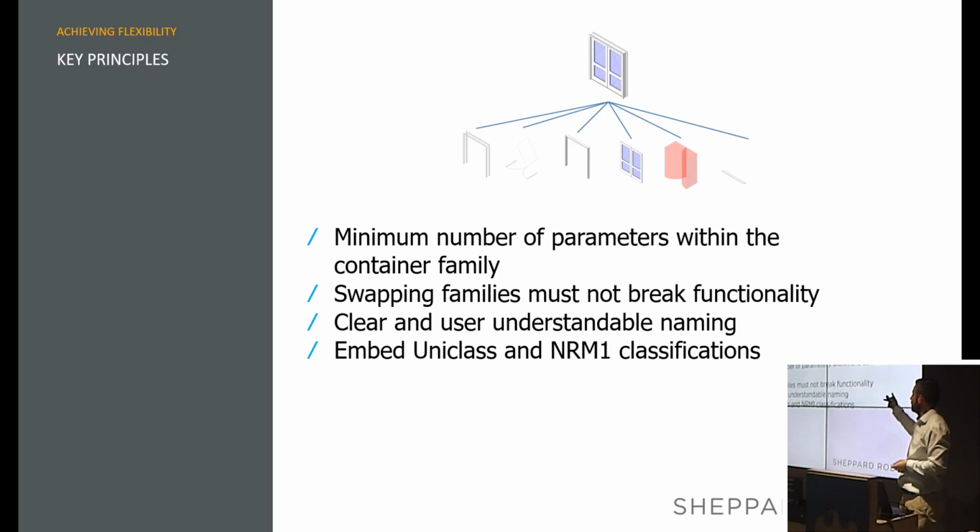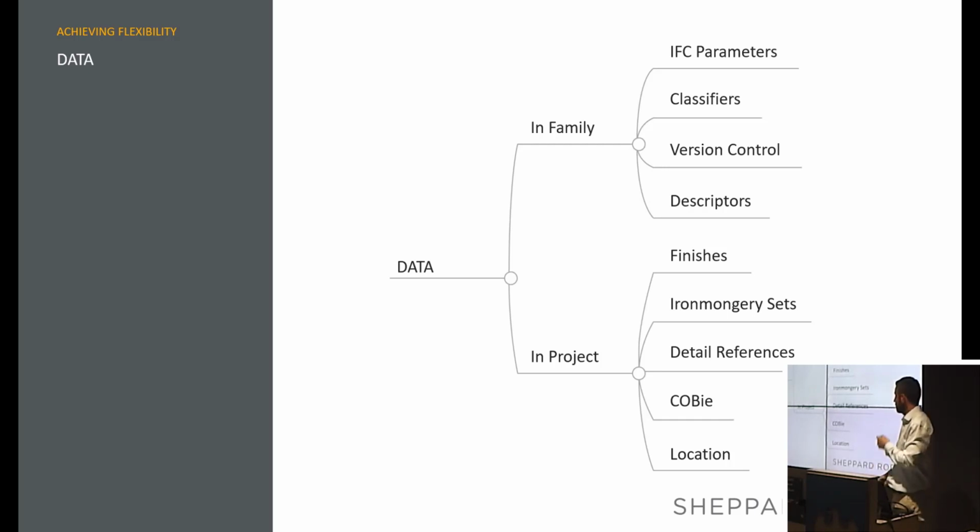We need the functionality for people to be able to switch these doors or subcomponents out without breaking the families, so we use shared parameters for that. We try to make the naming of the parameters as simple as possible, and we embed classification information as well.